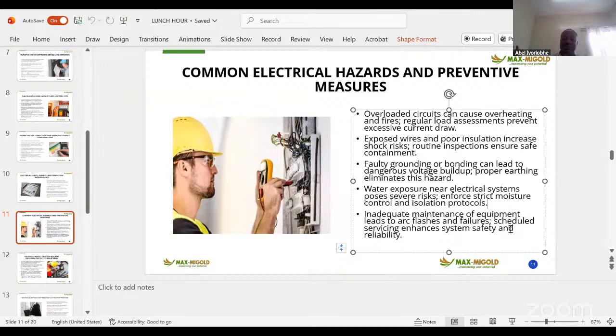Dust particles absorbed by this panel settle there, they start causing resistance to the flow of electricity. Arcs start building up before you have a flashover that explodes your panel. What you need to do is to make sure that if you are meant to clean, clean. If you are meant to lubricate, lubricate. If you are meant to grease, grease, so that your equipment is intact.